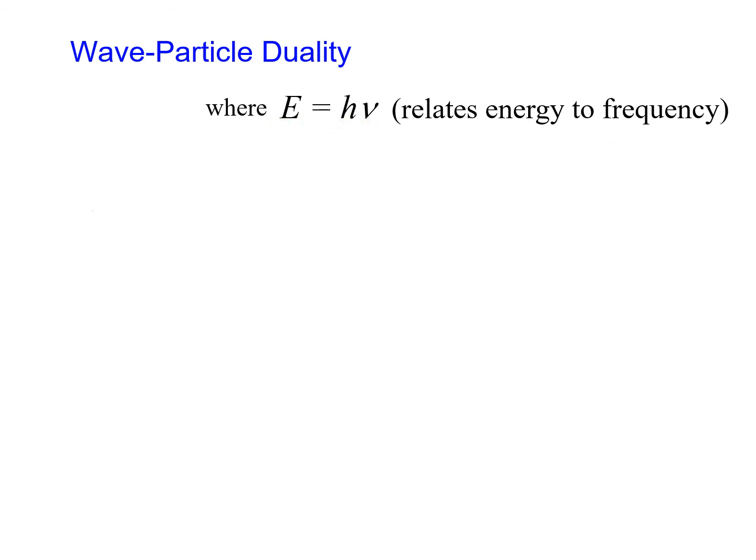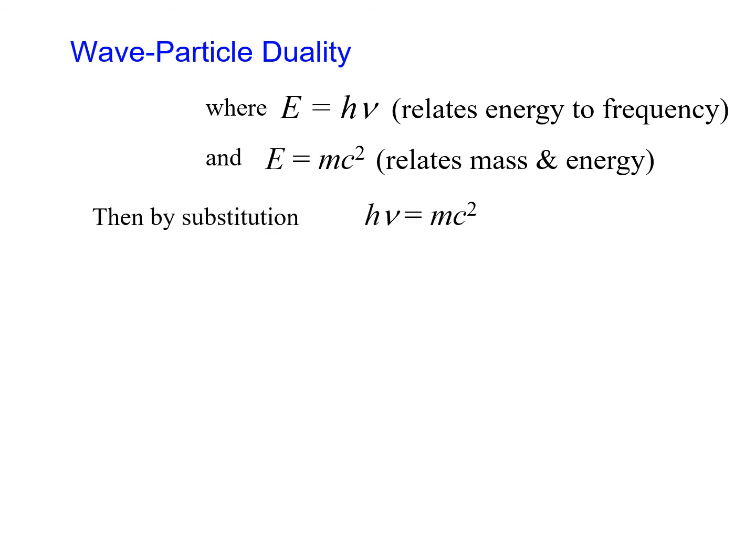Einstein's work also showed that energy is equal to the mass times the speed of light squared. And so that relates mass and energy. So this one up here relates frequency to energy, and this one here relates mass to energy. And there's the duality of the energy of a particle of light, mass or frequency.